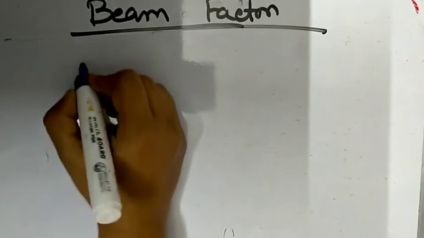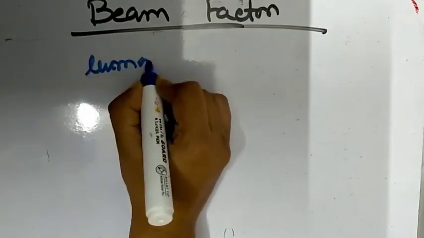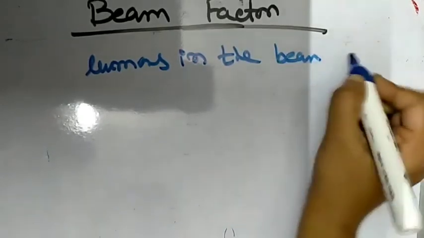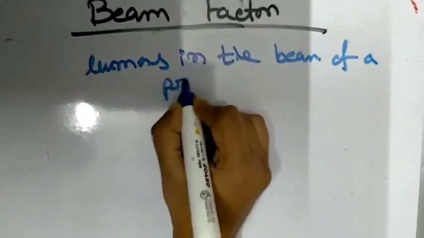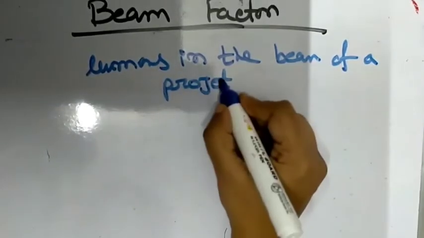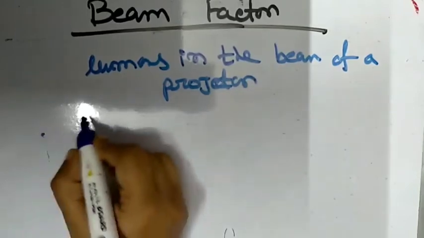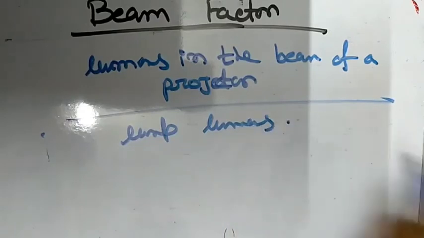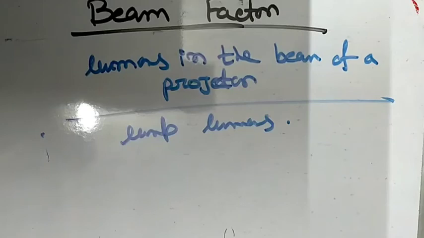It is the ratio of lumens in the beam of a projector to lamp lumens. Now this factor takes into account the absorption of light by reflector and front glass of the projector lamp, and its value lies between 0.3 to 0.6.